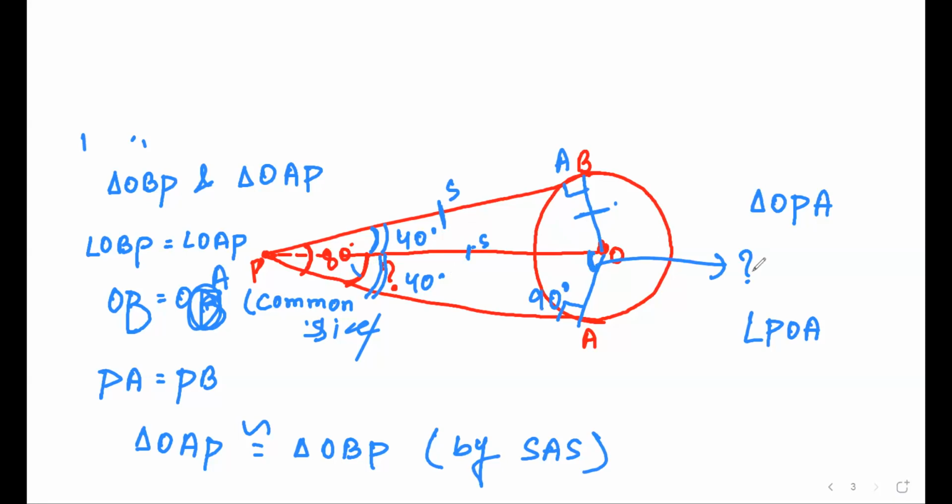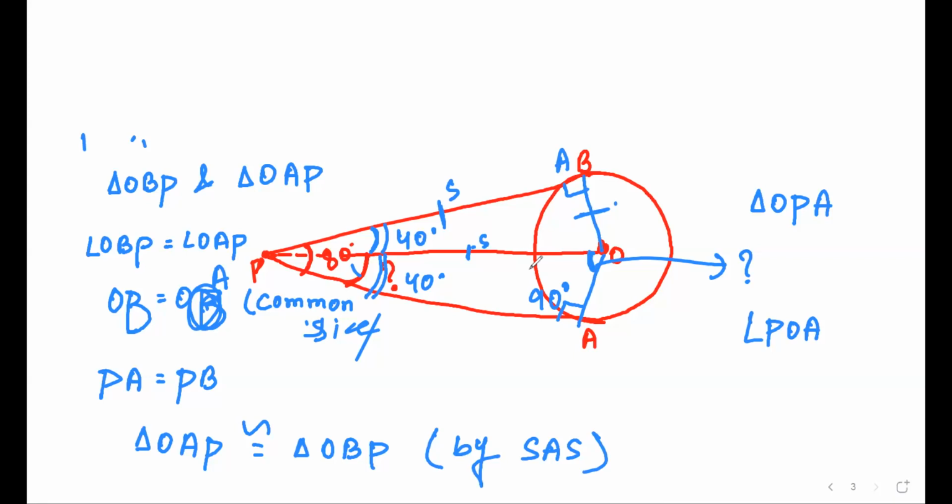Can we say we will easily get angle POA by taking the triangle OPA? Yes, ma'am. So we are done with finding the angle O. What we did: first we proved that these two triangles are congruent by applying the concept of congruency.